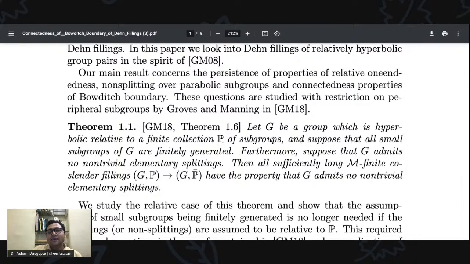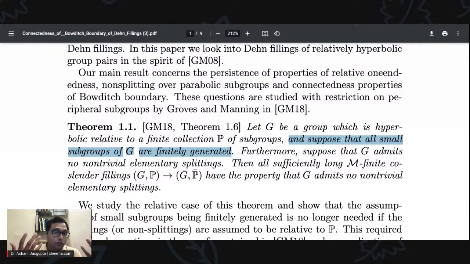The condition on the peripheral subgroups was in the next theorem. In this one, the condition was on all small subgroups. There are certain subgroups of a group called small subgroups, and they assumed that all the small subgroups are finitely generated.